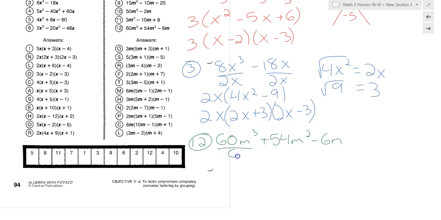And all 3 of these can be divided by 6. They have all the 6 in them. And they all also have an m in them. So I have 6m on the outside. 60 divided by 6 is 10. M cubed divided by m is m squared.